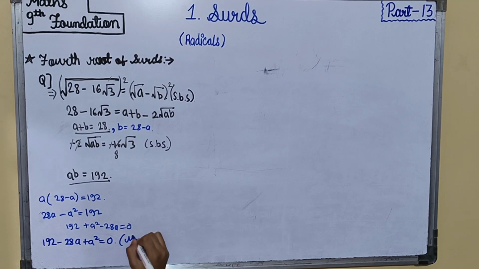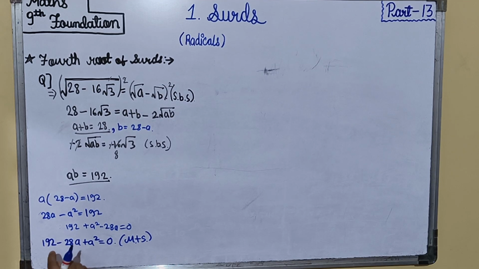Now we'll do middle term splitting. You have to write this in detail, not like this. You have to write middle term splitting. Multiplication of two numbers should come 192, and addition of two numbers should come minus 28. So we'll find those numbers are minus 16 and minus 12.